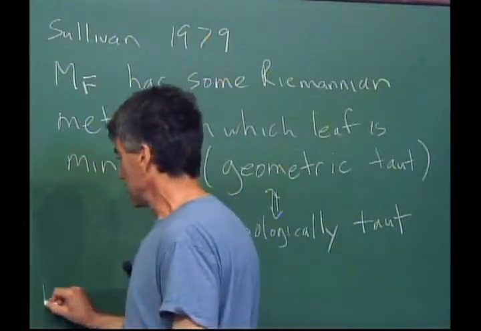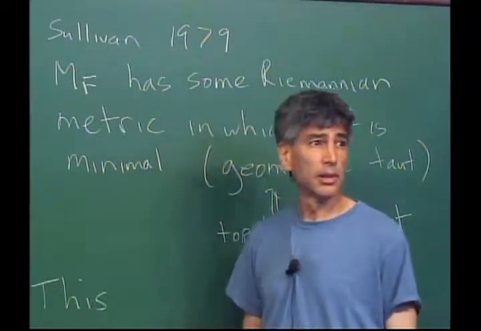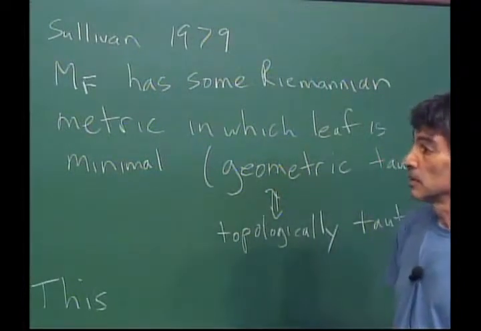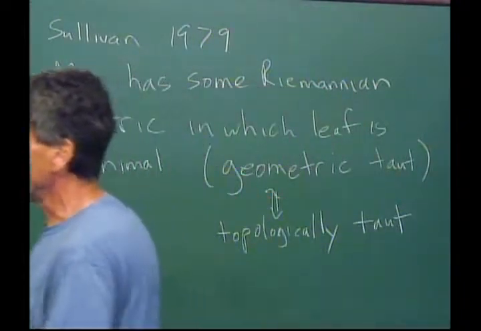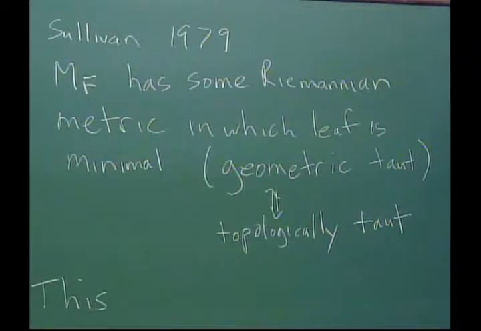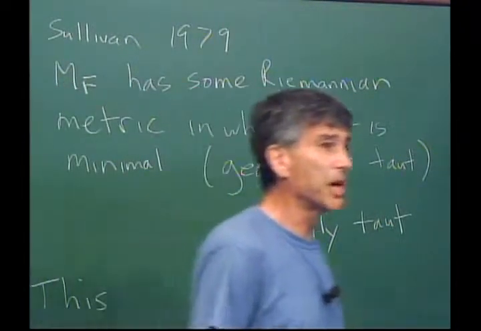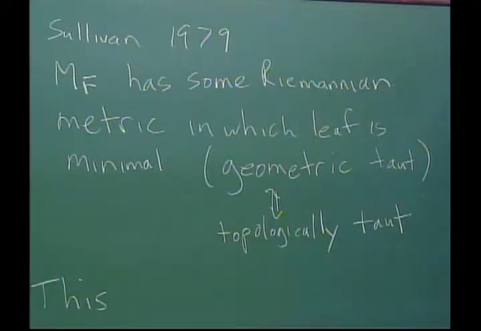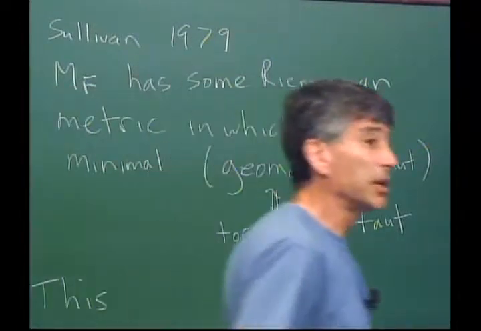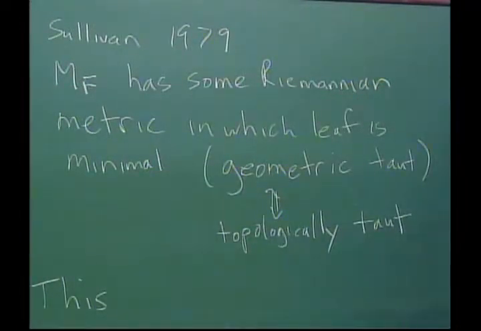But any closed three manifold which has this topologically taut condition is geometrically taut. So it admits some metric. What is it? M_f, I'm assuming that this map is pseudo-Anosov, so that it admits a hyperbolic metric.